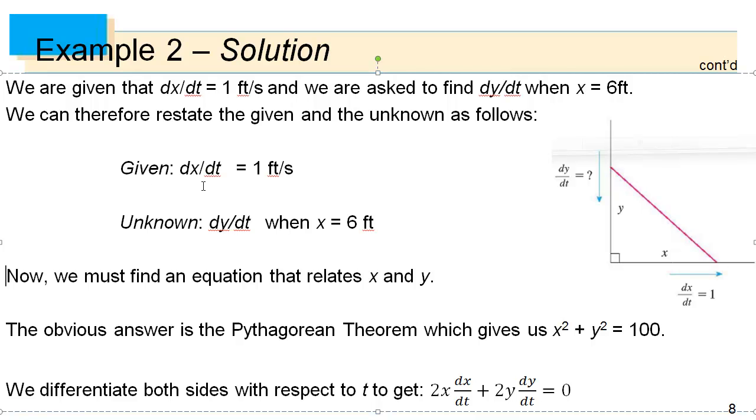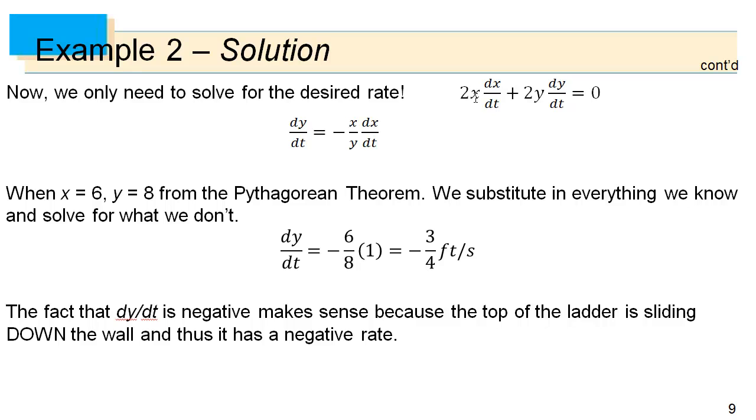Okay, well, now that we have that simple formula, 2x dx/dt plus 2y dy/dt equals 0, we plug in everything we know and solve for what we don't. We're trying to figure out the rate of change of y, so we want to solve for dy/dt, and algebraically it ends up being this. Now, you don't have to do this algebra if you don't want to. It's actually very easy algebra. If we're trying to solve for dy/dt, the first thing you do is move that over to the other side.